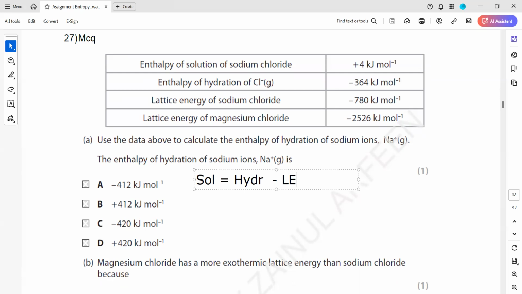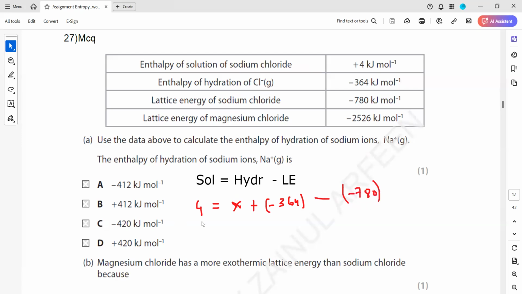That's the formula. The enthalpy change of solution is given as 4. Hydration of sodium is unknown, X, and it's 1 mole, so we just write X. If it was 2 moles, we write 2X, for example if Na2O was there. And for chloride, it is minus 364. And then the lattice energy is minus 780.